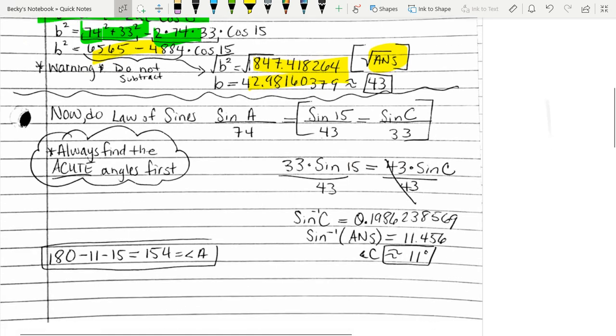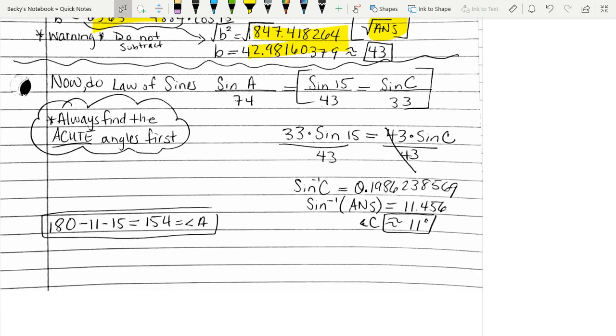Now I go back to law of sines, and as you can see, I put in the 43 right here. Now you have enough to cross multiply and solve like you did on the previous night's work. Hint, we could have an ambiguous case.